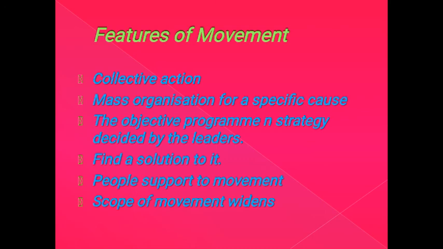Next, a movement has a particular social objective or focused problem. For example, a movement against corruption aims at ending corruption. We know that India is mostly known as a corrupt country. Everywhere you go, even in the temple you will see corruption.